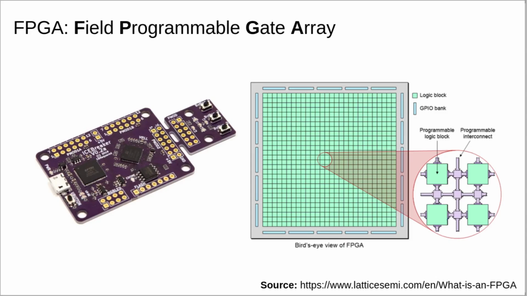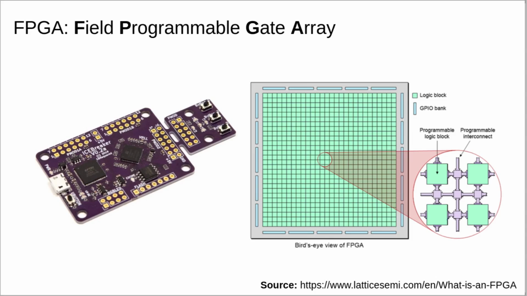An FPGA is the short name for a field programmable gate array. Here on the right hand side we can see an example from Lattice. When you have a chip, you have some logic around. This will be connecting to the individual pins of the FPGA. And then you have the green part where you have some programmable logic blocks and some interconnects.